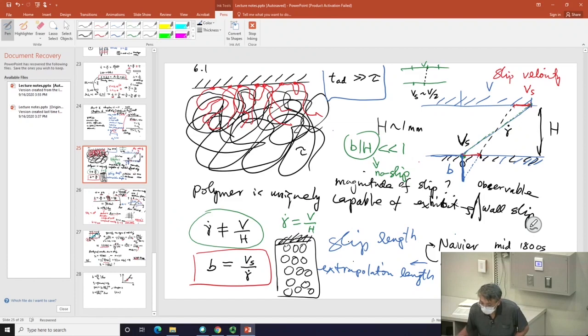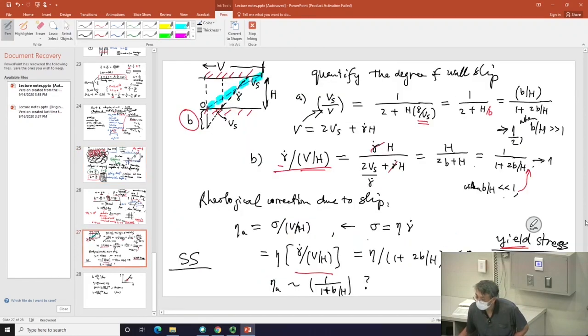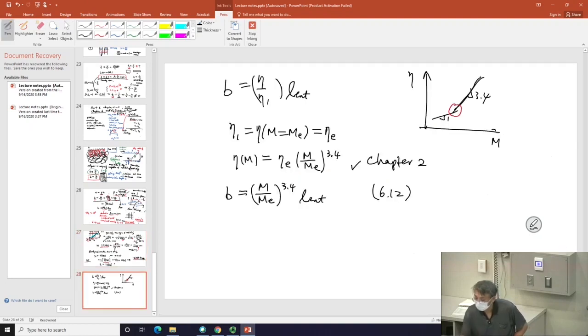Over here, quantifying, we are at 6.2, talking about how to quantify. And here, we are really at 6.3. So this is what our book claims to be the maximum B that you can achieve.